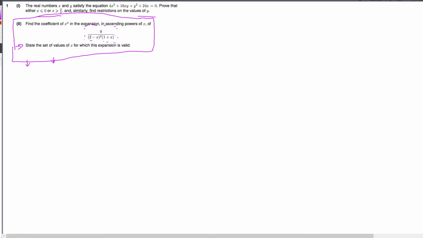But the problem with that is that you'll end up with expressions that look like a plus bx squared plus cx to the 4 plus dx to the 6 and so on. Or rather, you'll have two binomial series, but when you multiply them together, each individual term is going to be the sum of a whole bunch of multiplications between the two series, which might be difficult to generalize.